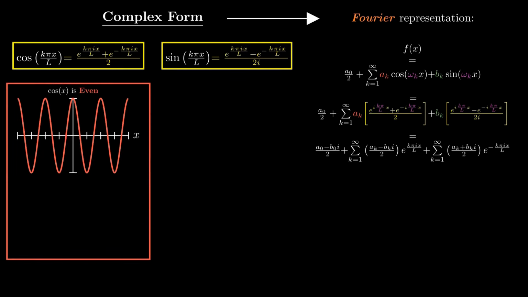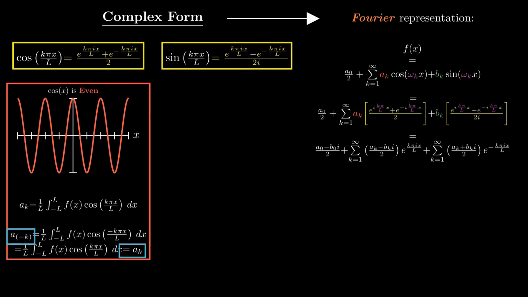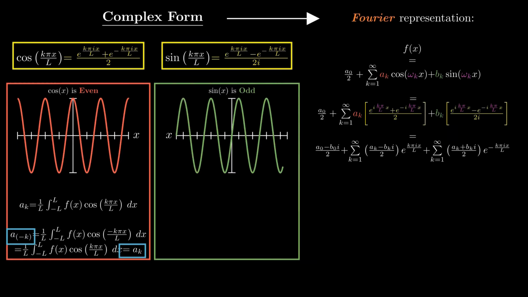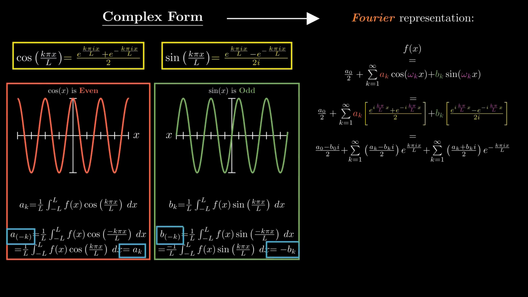Next, cosine is an even function, so the a_k is actually equal to a with index minus k. Similarly, sine is an odd function. It is easy to see that the coefficient b_k is equal to minus of b with index minus k.